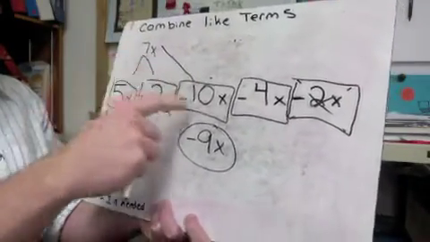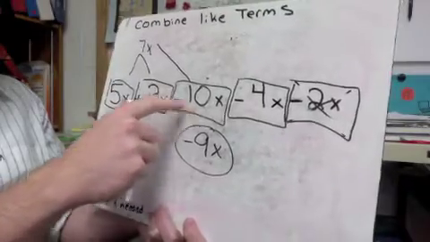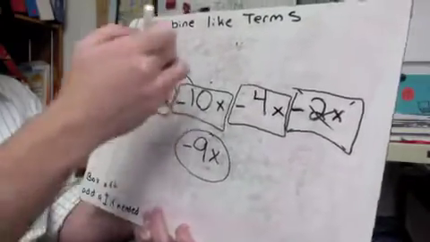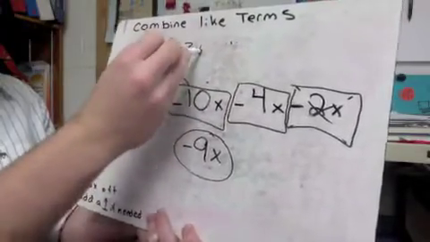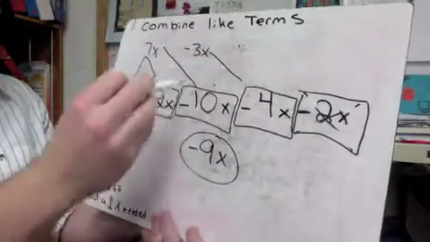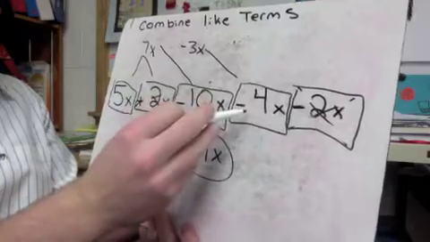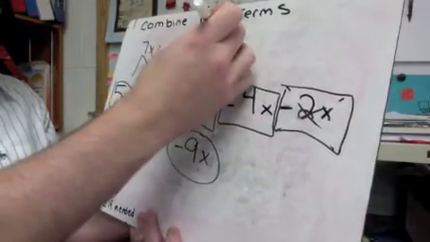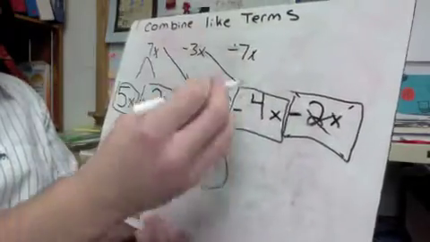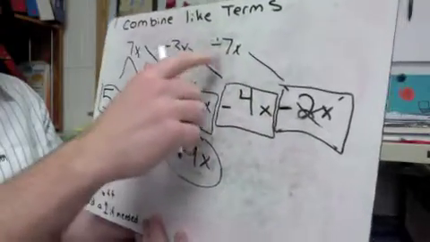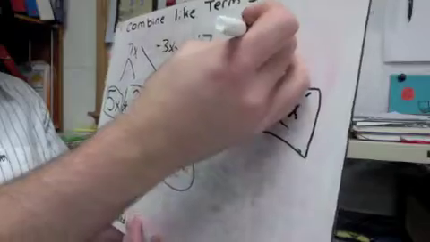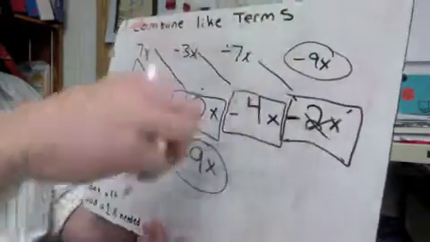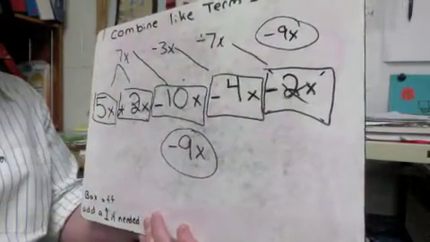If I do 7x minus 10x, or 7x plus negative 10x, that's going to be negative 3x. Keep on going down the line here. Negative 3 and negative 4 is negative 7. And then my last one on down the line here, negative 7x, negative 2x, is negative 9x. Either way, it will work out just fine.